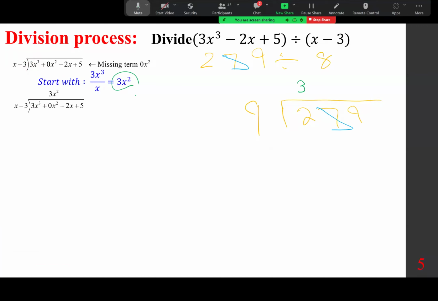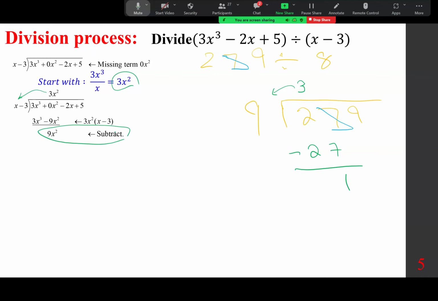So then we multiply these two, we get 27. We are going to do the same thing here. We're going to multiply 3x squared by x minus 3. We get 3x cubed minus 9x squared. Then we subtract and we get 1. And that's exactly what happens here. I hope you see the similarities.